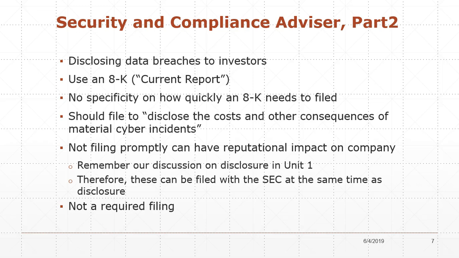So if people see disclosures to those state's attorneys general, but they don't see a corresponding 8K also hit the street, then they'll start pressuring the company to produce that 8K. So the longer you wait to produce the 8K, the greater the impact on your reputation as a company. But at the end of the day, it's not a required filing. However, most responsible companies will file an 8K to describe data breaches to their investors so that the investors have a clear picture of the breach and its impact on the company.